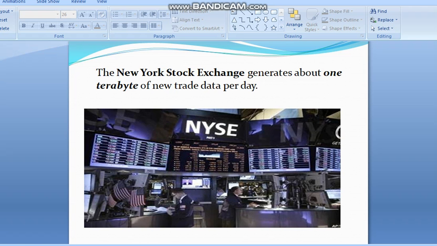So it cannot be stored in a traditional database system. These data cannot be handled, stored or managed by a traditional database system.